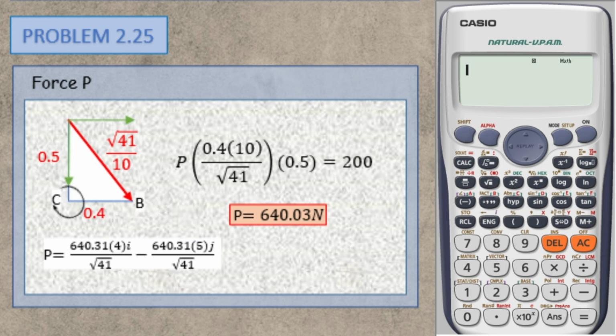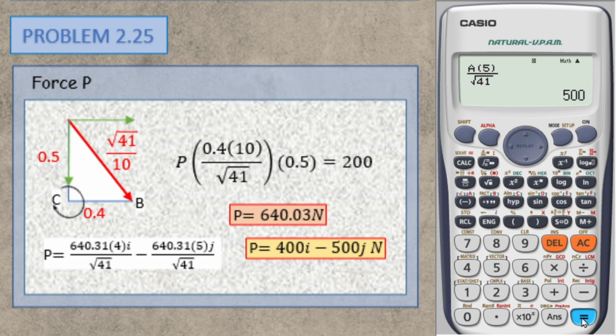Our answer will be 400i minus 500j. So let's check. Multiplied by 4 over the square root of 41, it is 400i and minus 500j. There we are. So this is our final answer for our problem 2.25.